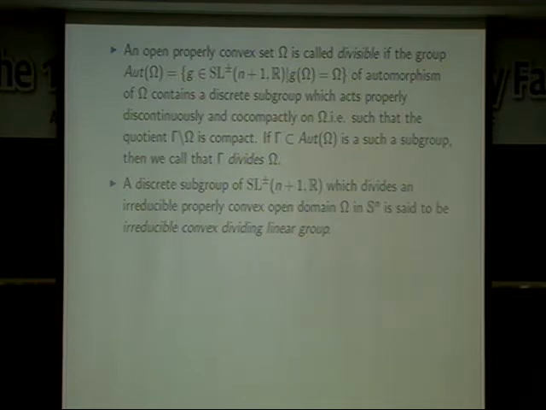And a discrete subgroup of SL plus minus n plus 1 R, which divides an irreducible properly convex open domain omega in S^n, is said to be an irreducible convex dividing linear group. So I just named this irreducible convex dividing linear group.